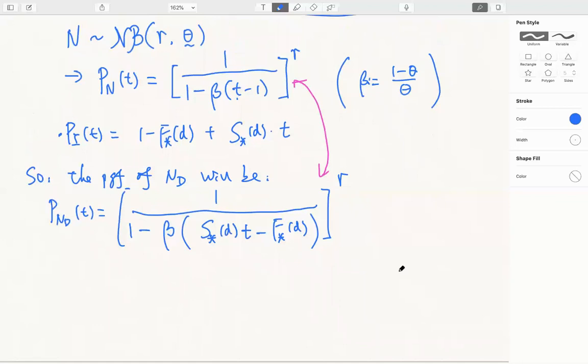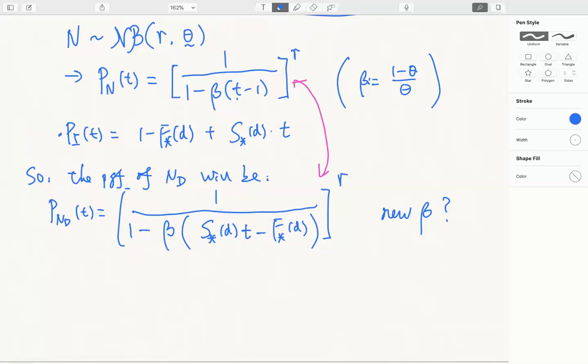But what would be the new beta from this particular question? From the new beta, we can get the new theta of it.